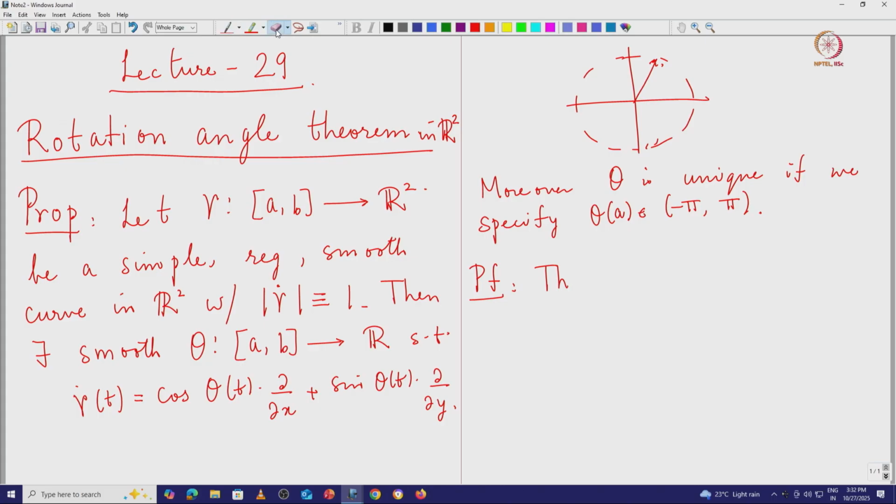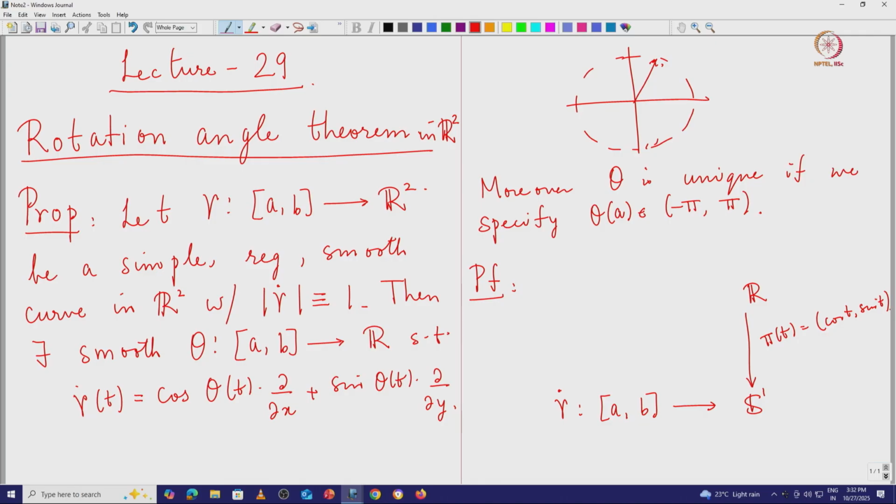So the idea is the following. If you look at the velocity vector, that is a function from [a, b] to the circle, right. Now the circle has as its universal cover R, and this map pi is simply given by cos t and sin t. Okay, that is a covering map.